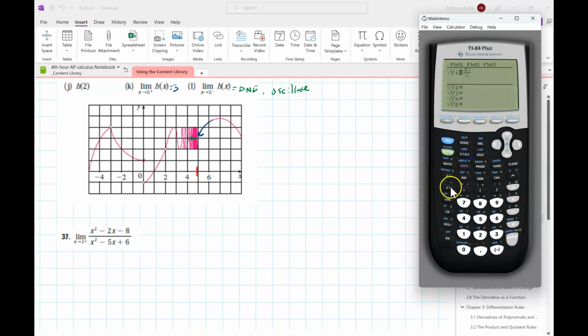I'm going to start with the graph because it just feels like the easier place to start. Then I'm just going to zoom standard for now. We're looking at what's happening at 2, and we're looking at from the right, so it's this section. We're following this down. It looks like it's heading to negative infinity from the picture.